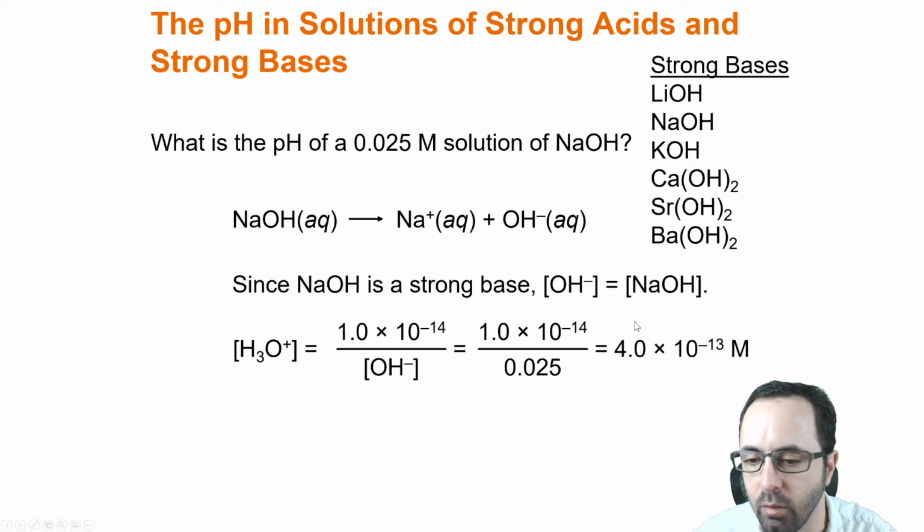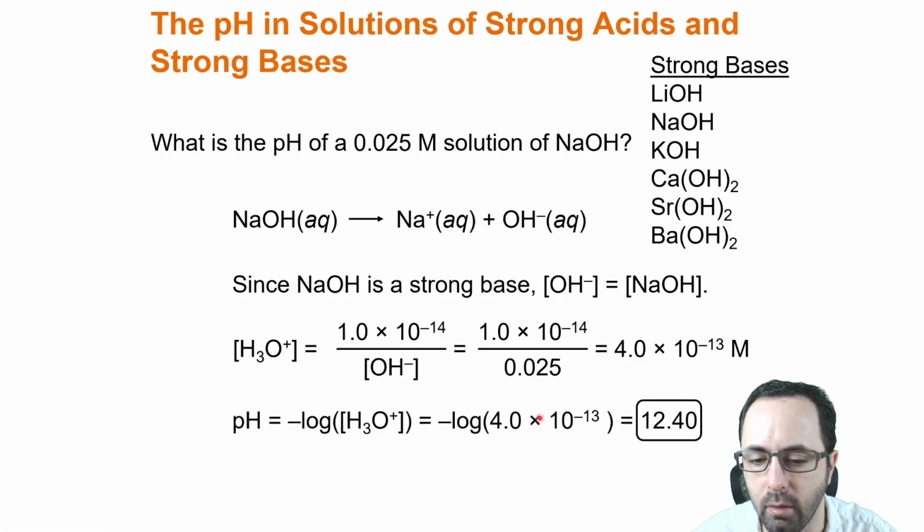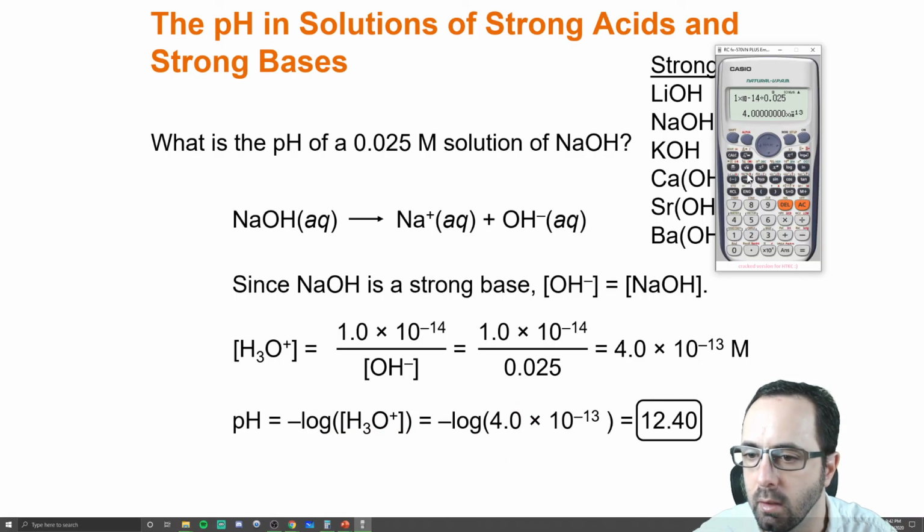Then to get the pH, we take the negative log of that concentration. So negative log of 4.0 times 10 to the minus 13 equals 12.39, or if we round up here, 12.40.